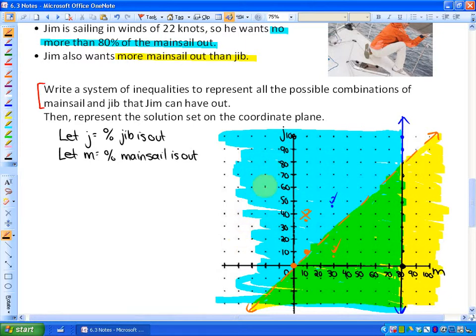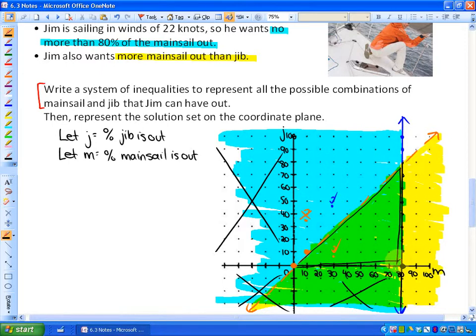The last thing that we should recognize is you can't have a negative amount of sail out. So those negative quadrants aren't included, but you don't need to have integers out of your mainsail. You could have 49.5% of your mainsail out if you'd like to. So that's the representation. This green triangle here, just highlighted for you, represents all the possible combinations of mainsail and jib.